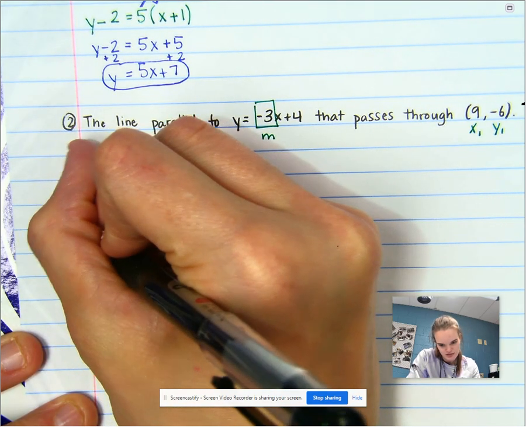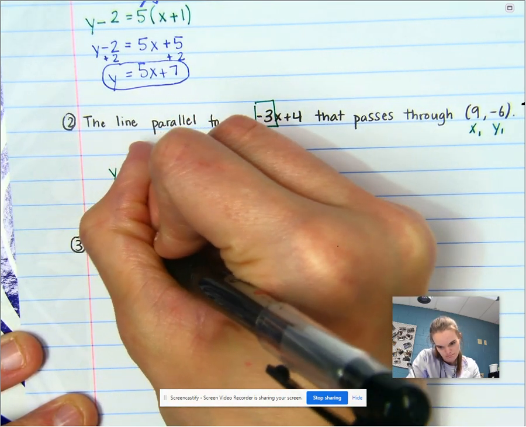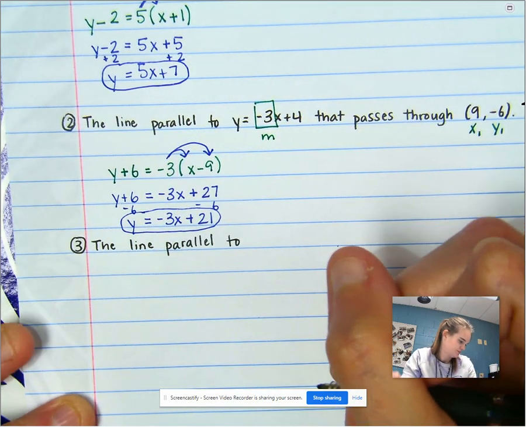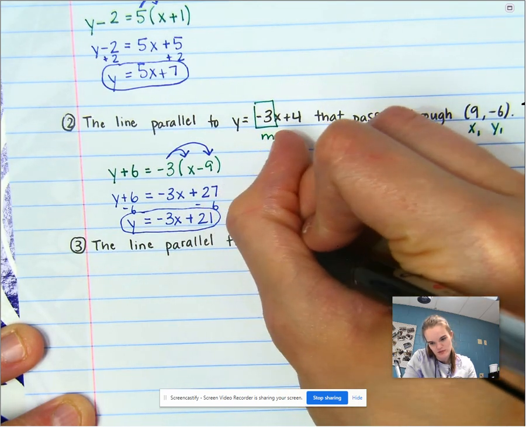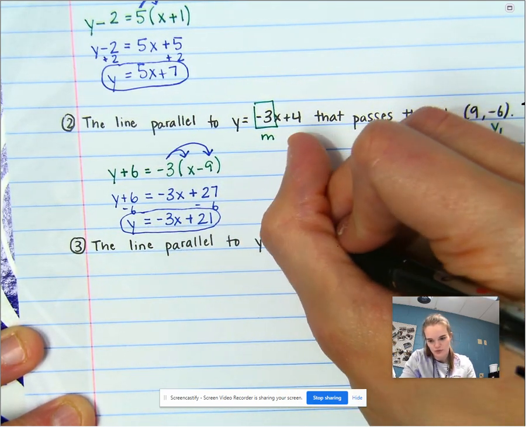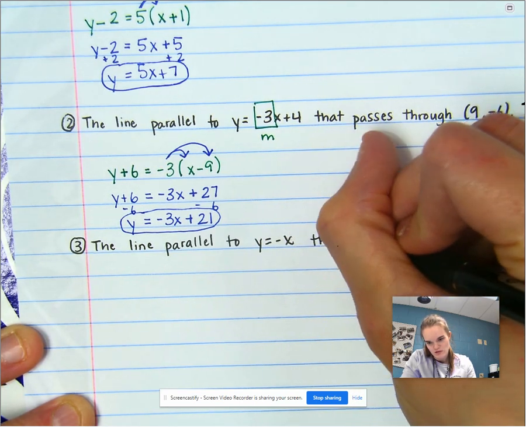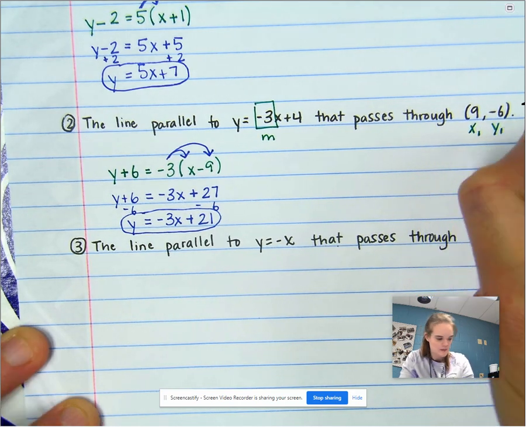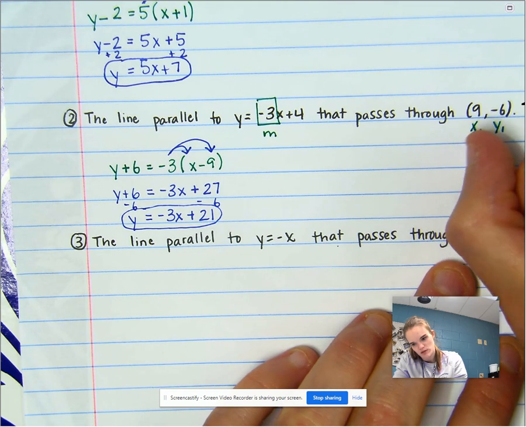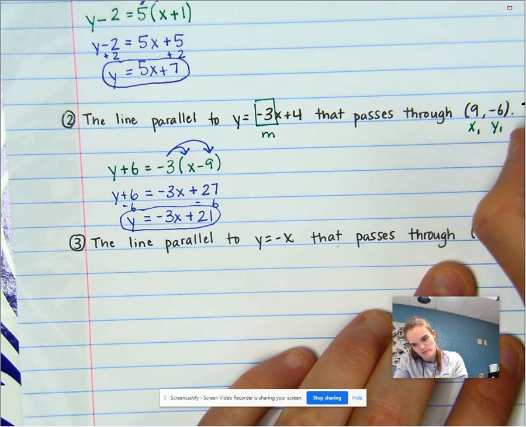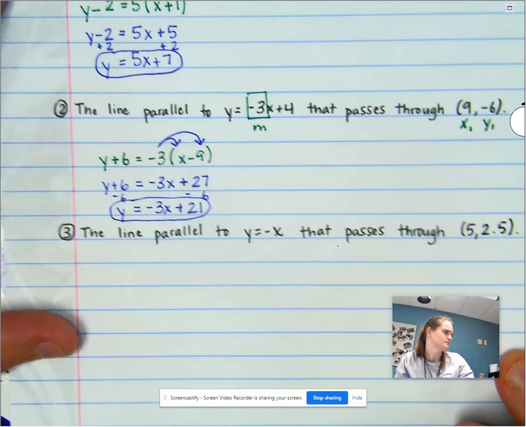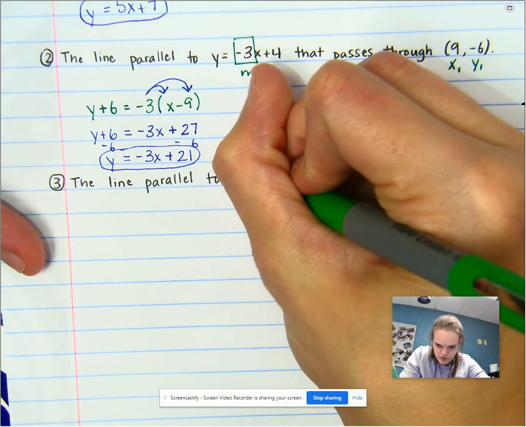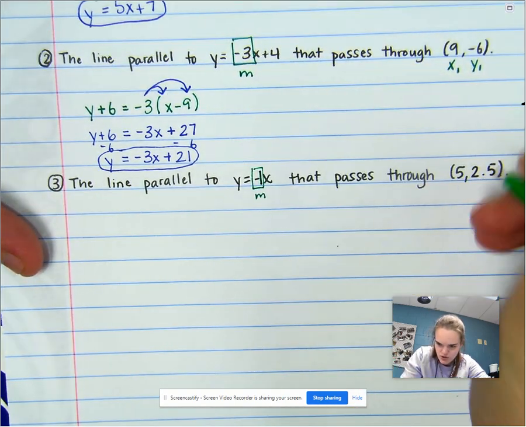The line parallel to y equals negative x that passes through 5, 2.5. Okay. The slope. If you need to write a little 1 right here so you know it's negative 1, that's fine. Slope is negative 1.